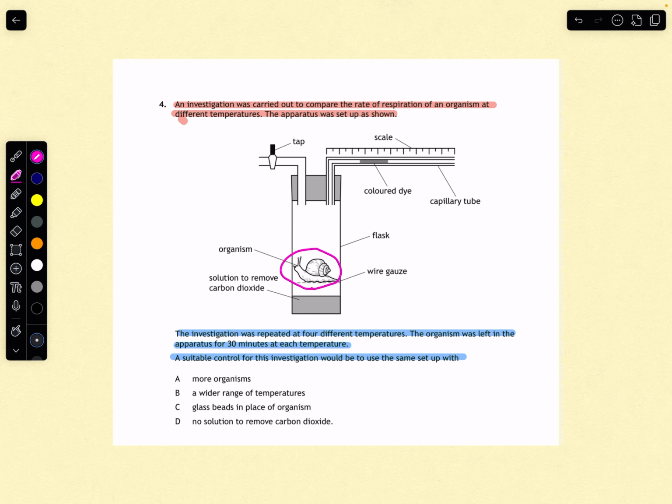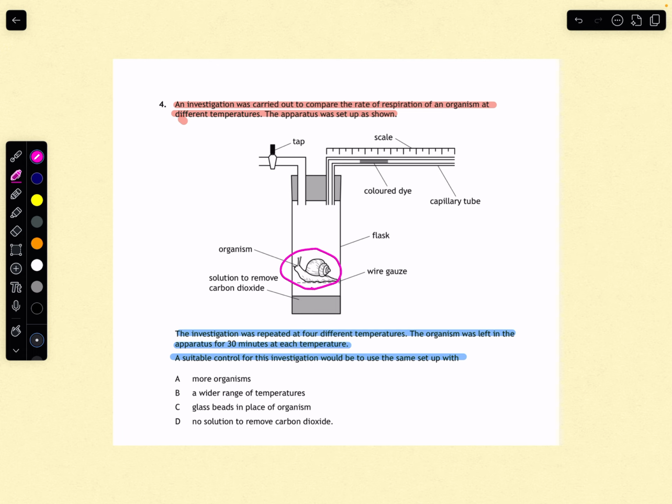Okay? So, what we need to do is take away the organism and effectively replace it, right? We don't really want to take away the organism and leave an empty space. Ideally, what you could probably do is take the mass of the organism and then replace it with something else that doesn't respire. So we then go and look at the options.